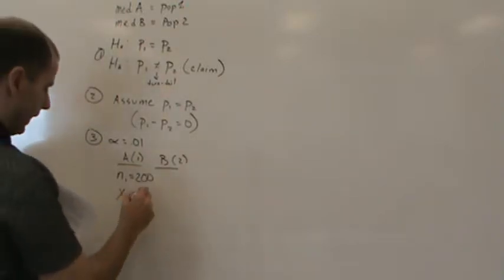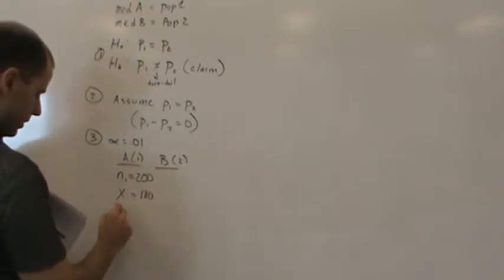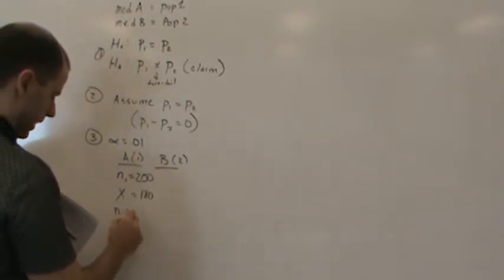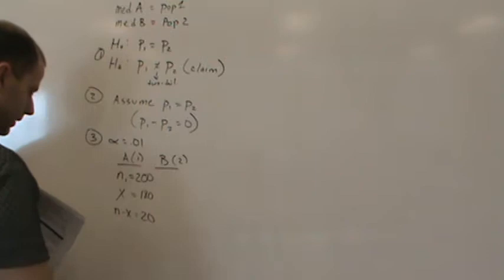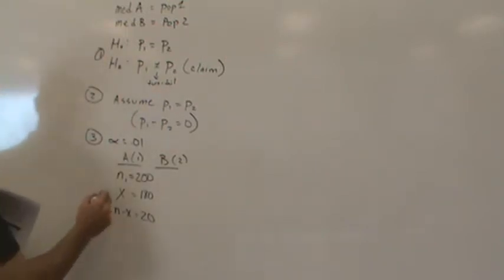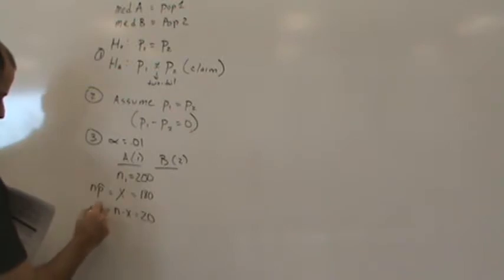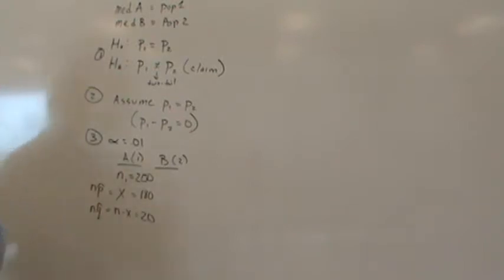Well, 20 didn't experience relief. So that means 180 did, which means n minus x is 20, right? That's the 20 that didn't. So this is n times p hat. This is n times q hat. So we need to know that.